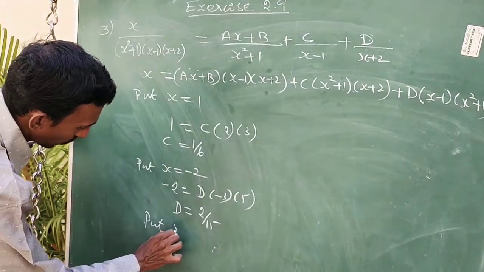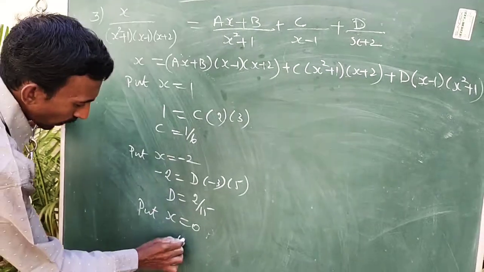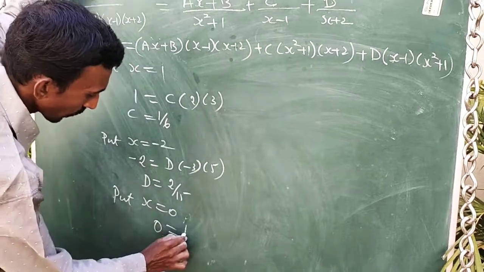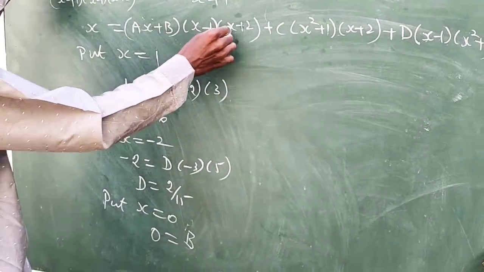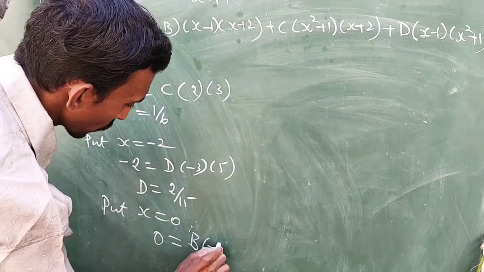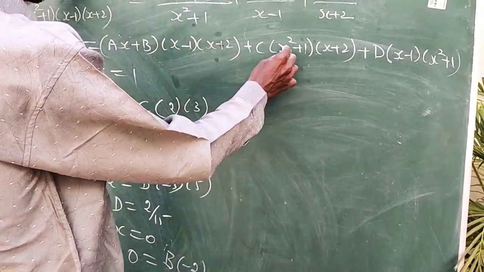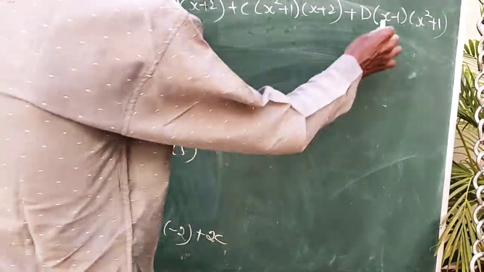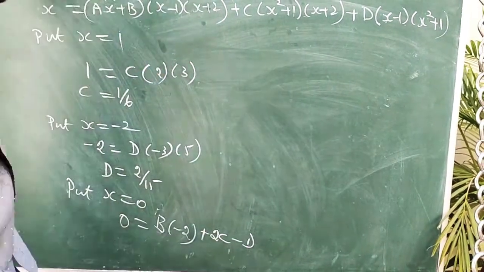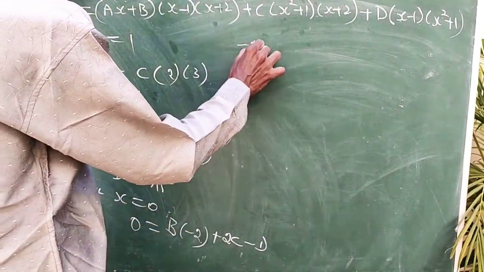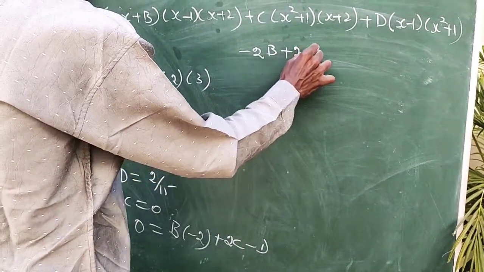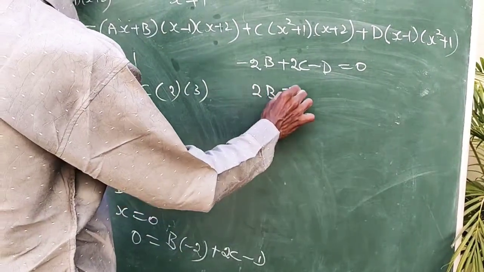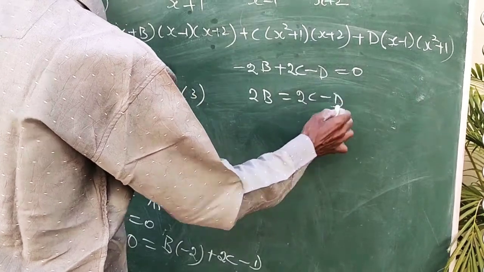Put x equal to 0. So 0 is equal to a into 0, 0, plus b into 0, here 0 minus 1 into 2 minus 2, so 1 into 2, 2, so 2c again minus d. So what we are getting, minus 2b plus 2c minus d equal to 0, change the side, 2b equal to 2c minus d.